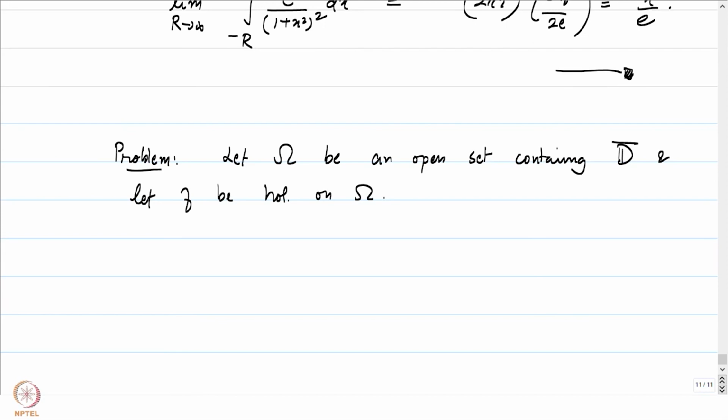So we take a function which is holomorphic on omega, which satisfies the condition that the absolute value of f of z is equal to 1 whenever the absolute value of z is equal to 1.